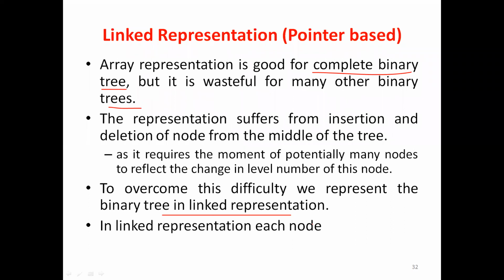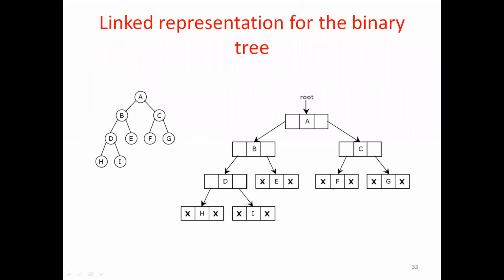Next, we'll see how the node looks in linked list representation. This is the slide that shows how we are going to model a tree using linked list representation. A node has 3 fields.